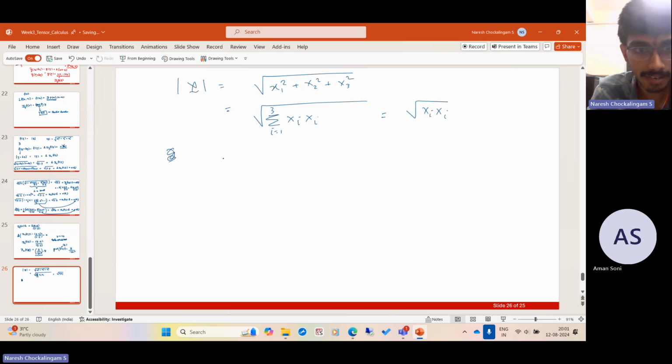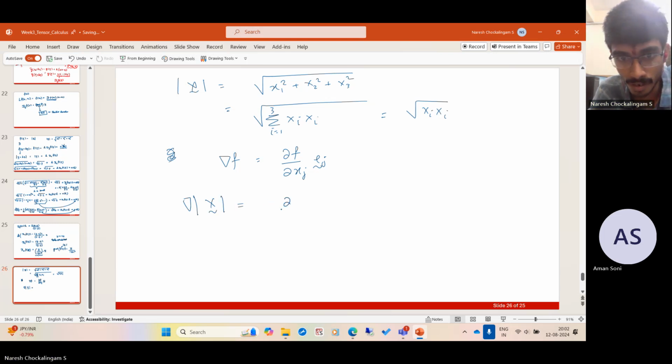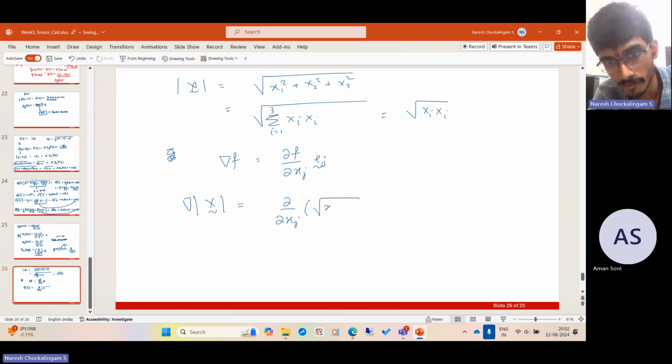The gradient of a function in indicial notation is dou f by dou xj ej. The function here is this, and ej is the basis vector. So grad of this is dou by dou xj of square root of xi xi, ej.